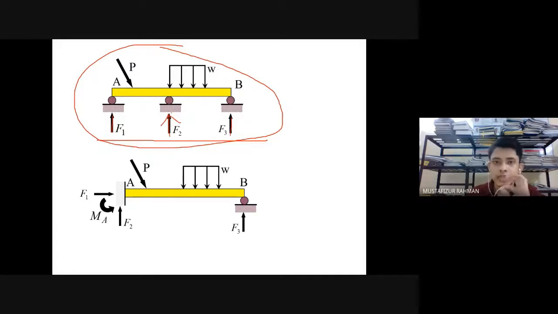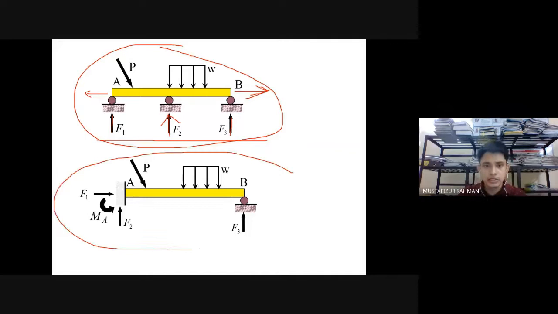It cannot prevent the lateral movement. So whenever the beam or structure experiences a slight amount of lateral force, it will move in this direction or in this direction as the force acts. Okay, so it is not a stable structure. If the slightest amount of force comes, it will move in this direction.